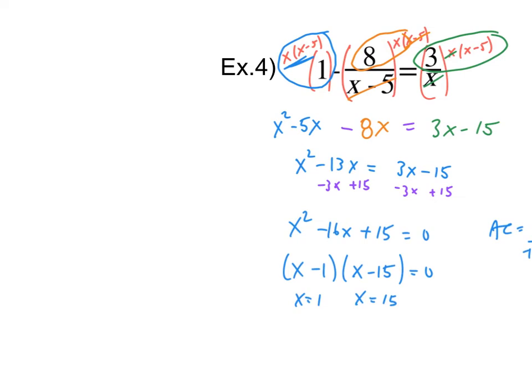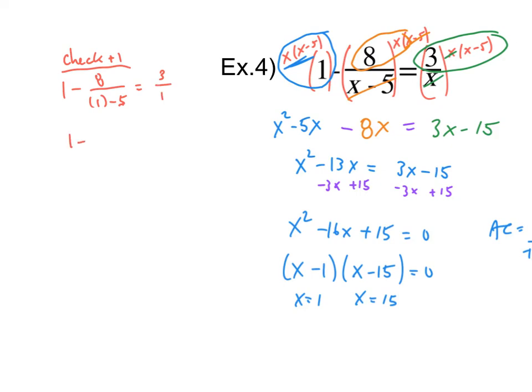So we'll check 1 first. So 1 minus 8 over 1 minus 5 equals 3 over 1. You can just simplify each side.